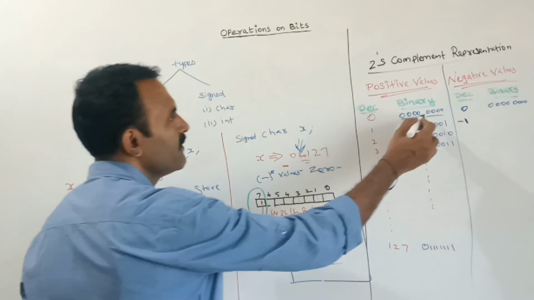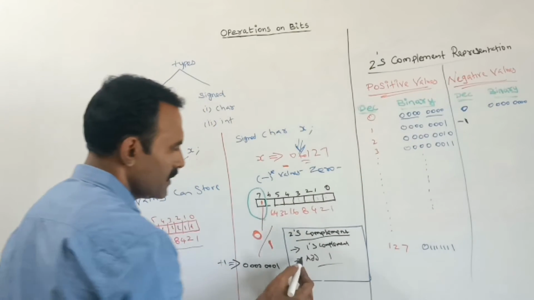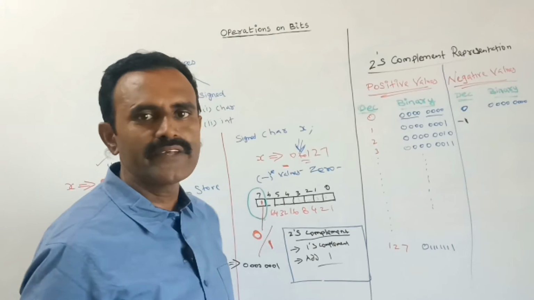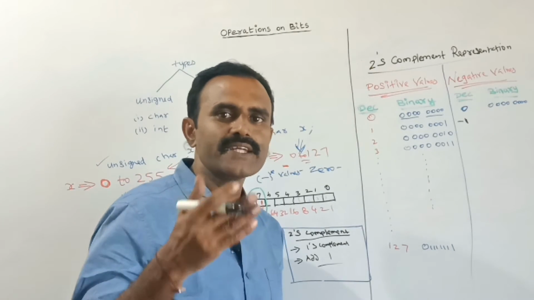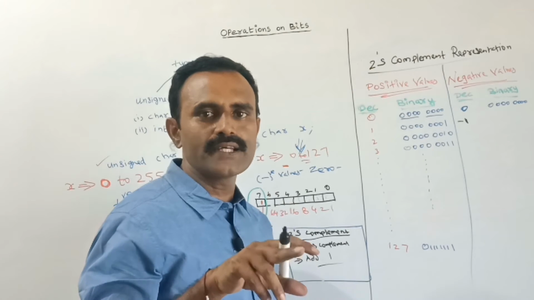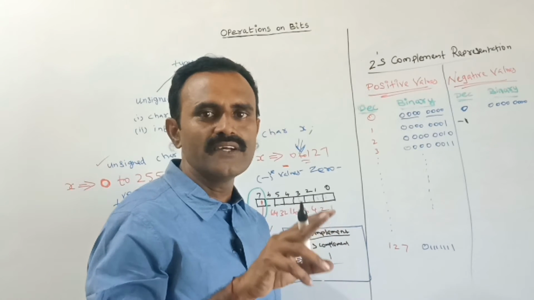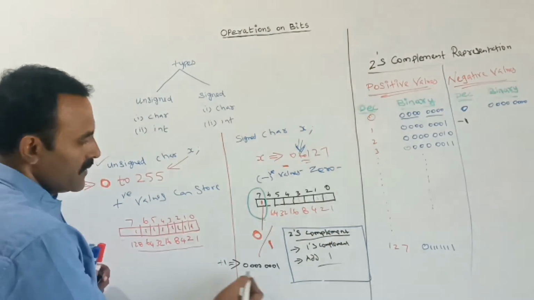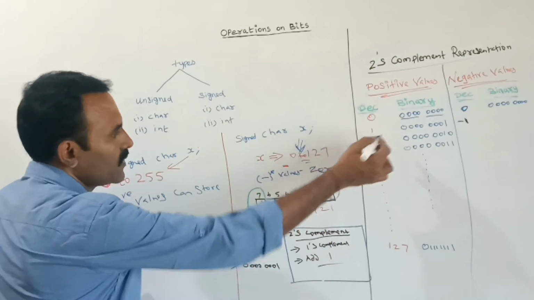This is the binary value of plus 1. Now you take the 1's complement. The 1's complement we already studied. We are just inverting the number. If the value is 1, we should put it as 0. If it is 0, then we should put it as 1. That is the inversion.